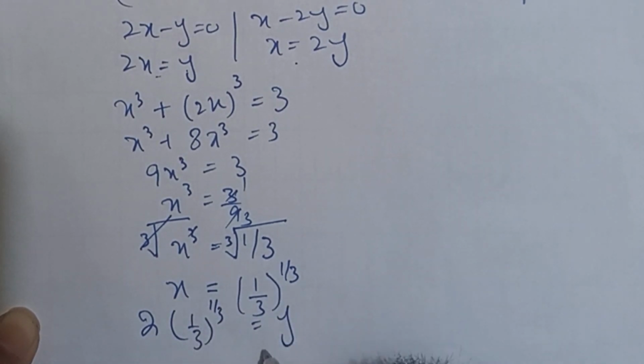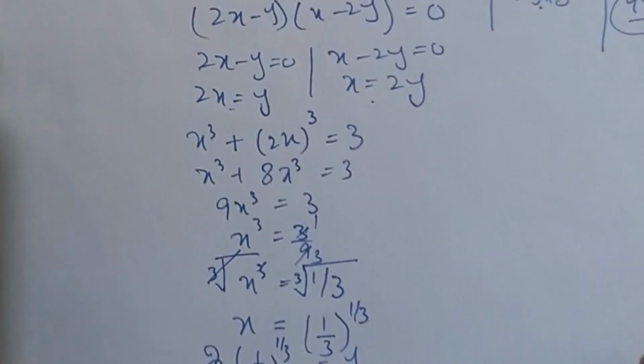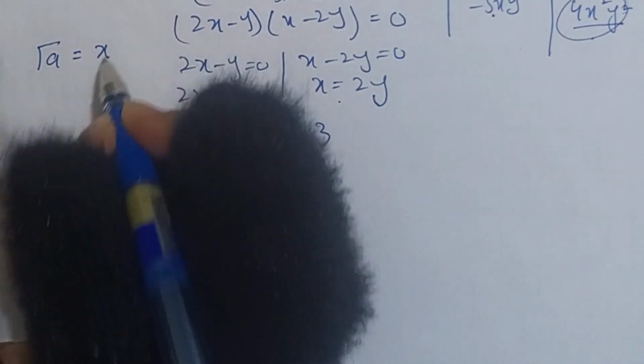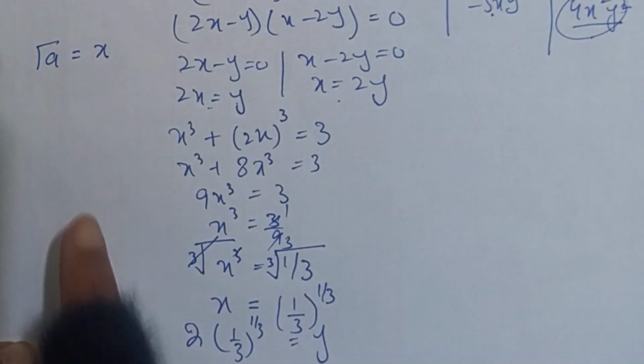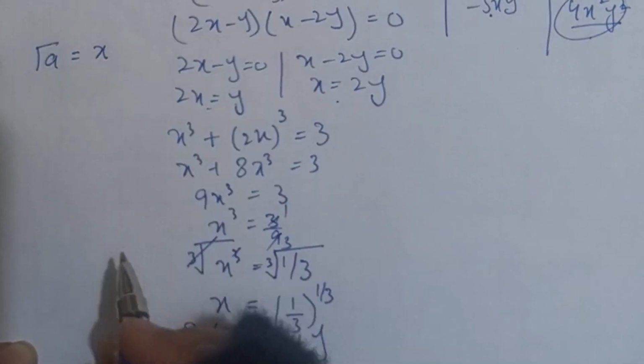So this is the value of y, but we need to find the value of a and b, and in the start of the question we let square root of a is equal to x. So x in our question is 1 over 3 raised to the power 1 over 3.